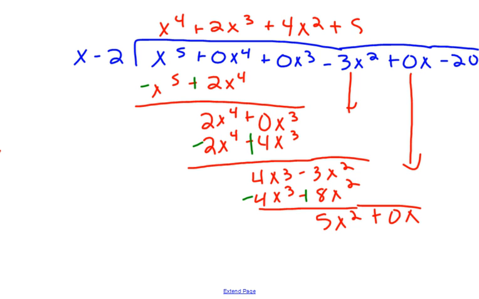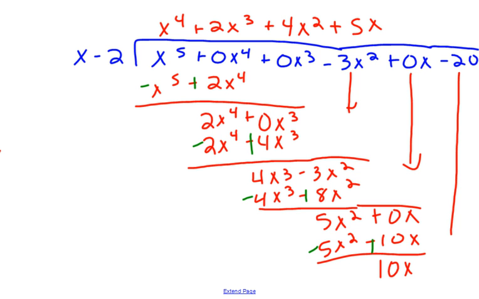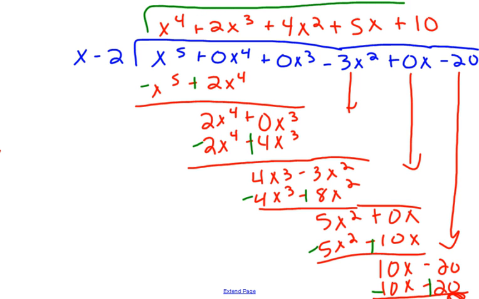That would be 5x. Distribute the 5x, I get 5x squared minus 10x. Change my signs. I have 10x. And now I bring down my last term, my minus 20. What times x makes 10x? That would be 10. When I distribute, I get 10x minus 20, which when I change my signs, I get 0, just with a little bit of space left. So all of that work gave me my fabulous answer right here. No remainder.